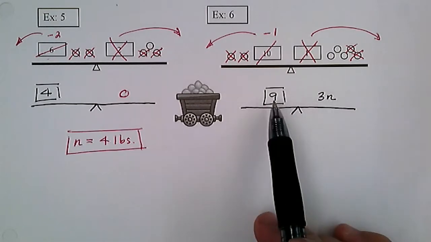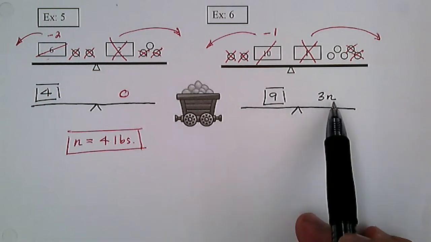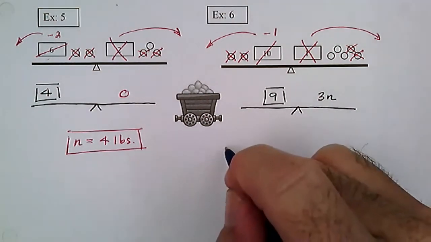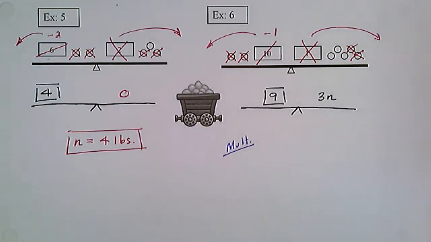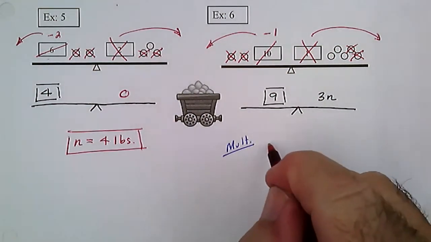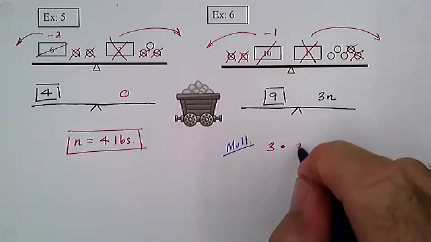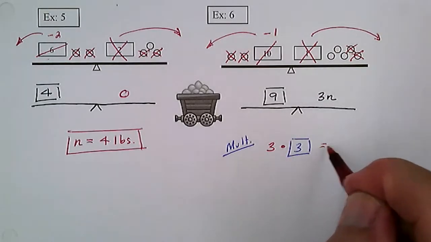Okay, so now hopefully you can do the math, right? 3 times what makes 9? Or 9 divided by 3 makes what? So hopefully you're able to see. So if I was to multiply, right, I would go 3 times what? And that would be 3 times 3 is equal to 9.